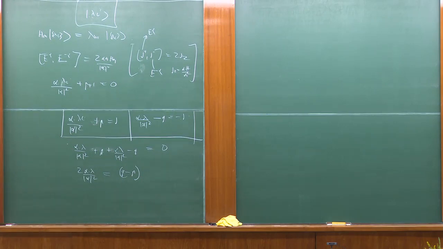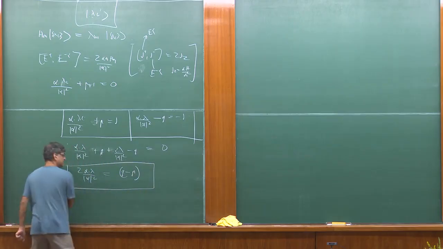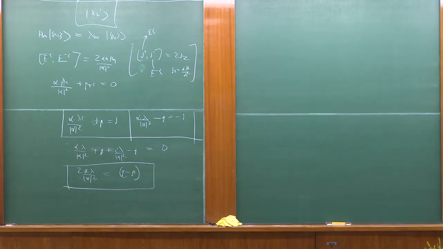Now, we don't know much about this q minus p except for the fact that both q and p were integers. Q might be larger than p, in which case it's a positive integer. Q might be smaller than p, in which case it's a negative integer. But either way, these guys are integers.